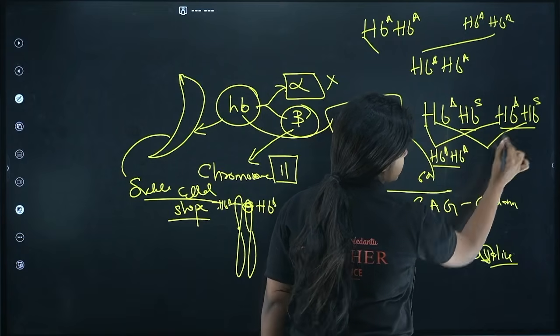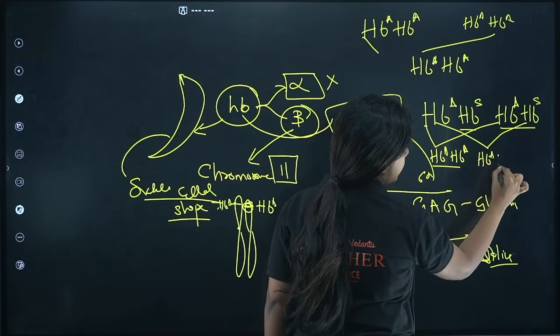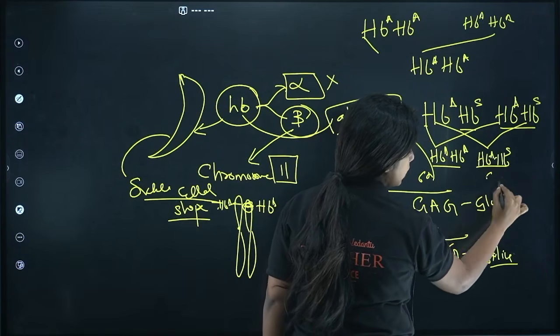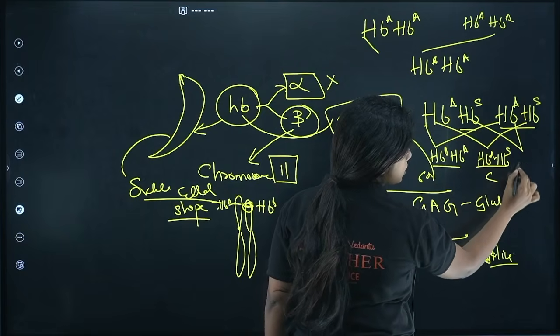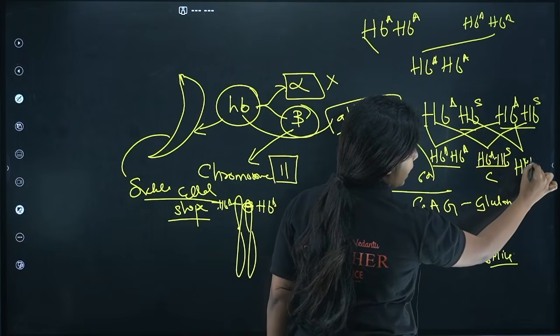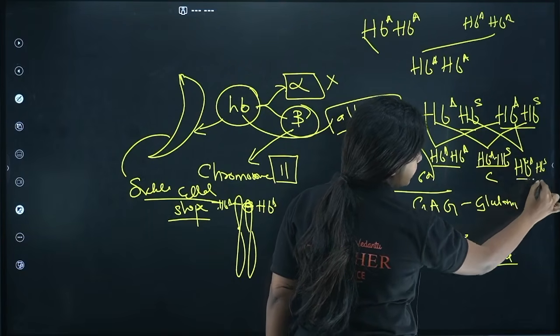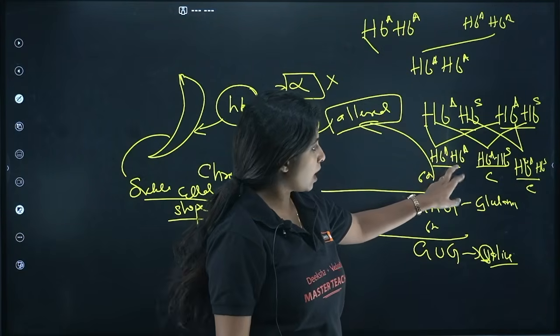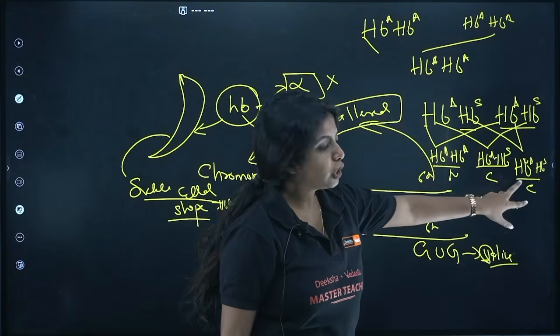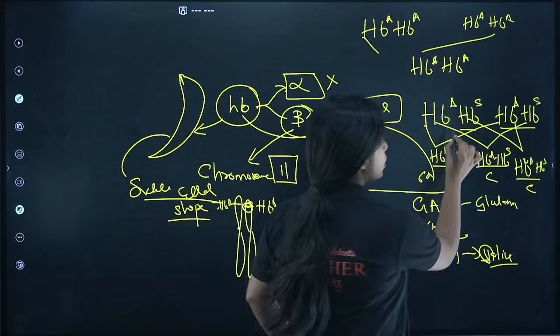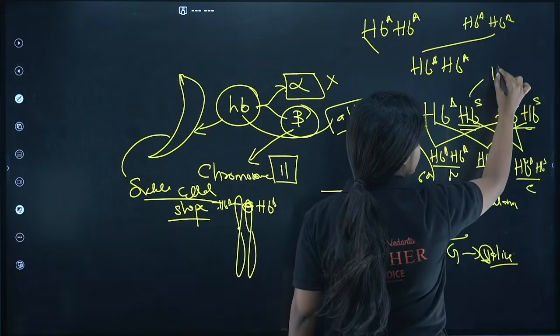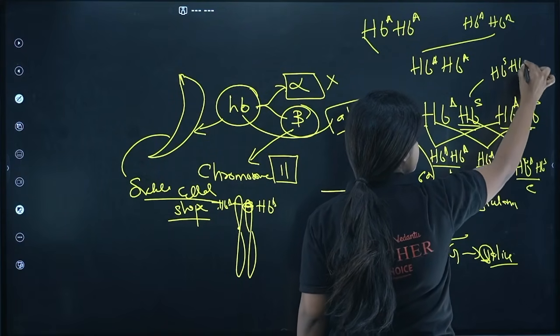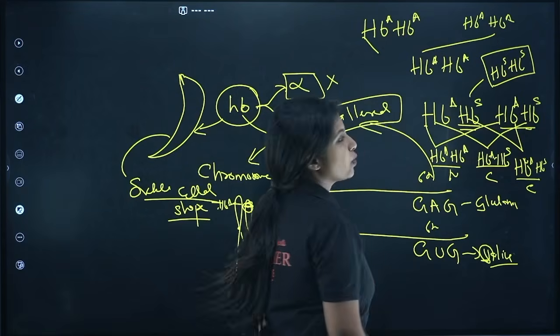This with this, HBA, HBS, a carrier. This with this, HBA and HBS, again a carrier. So you have got a normal person and two carriers. When you cross this with this, you get HBS, HBS. This person is going to have the disease.